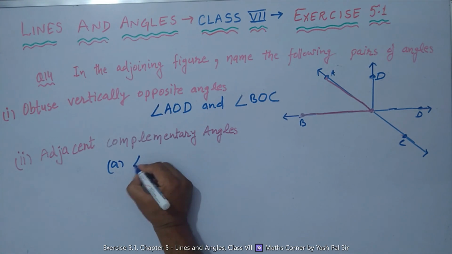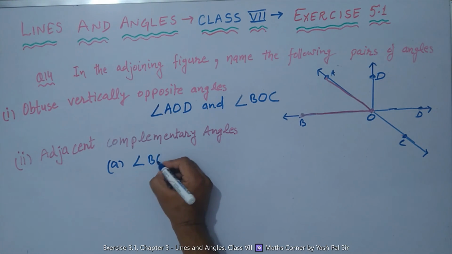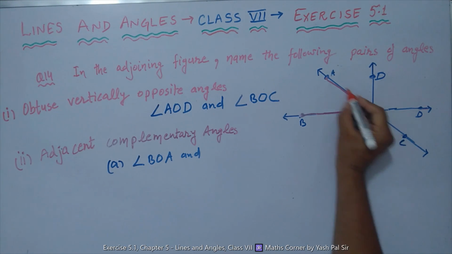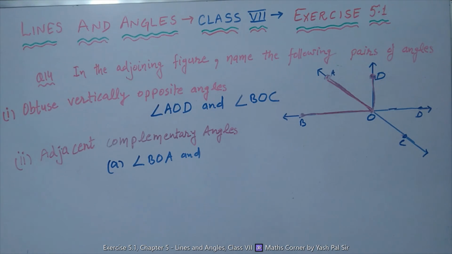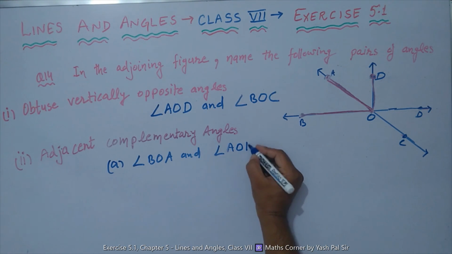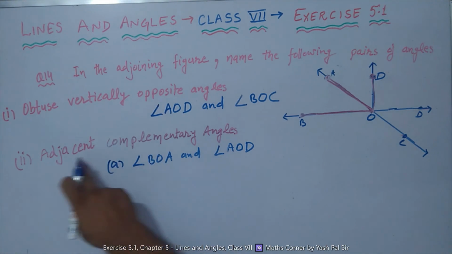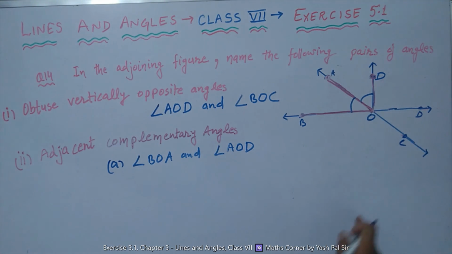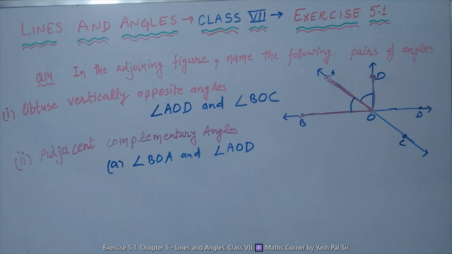Angle BOA, and the second angle is AOD. They are making a 90 degree angle. So they are also adjacent angles. One angle is here, the second angle is here, so they are adjacent as well as complementary angles.